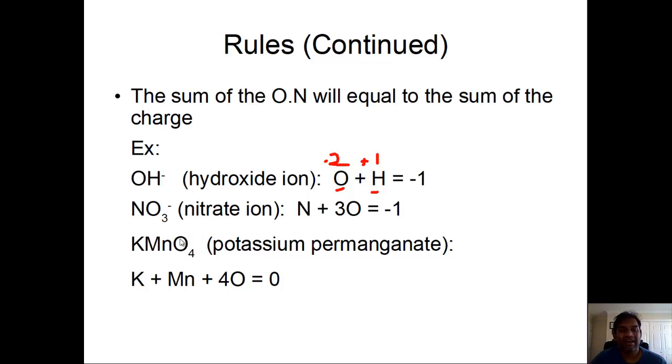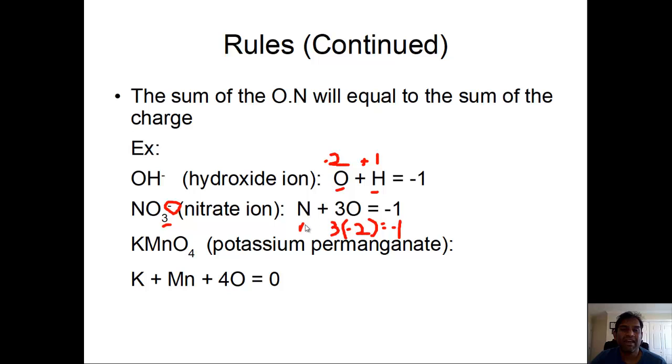Nitrate ion as an example. So do not get confused. Nitrogen plus 3 oxygens, okay, because there's 3 oxygens here. Nitrogen plus 3 oxygens, that whole unit has to equal -1. Now we already know from the previous slide that we can guess with reasonable confidence that the oxidation state of that oxygen is going to be -2.